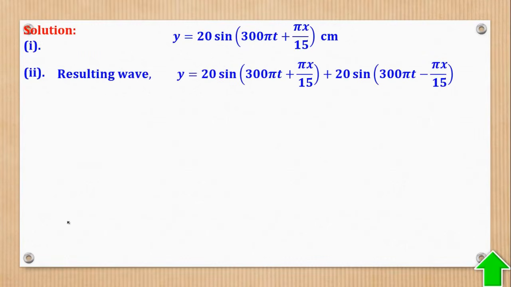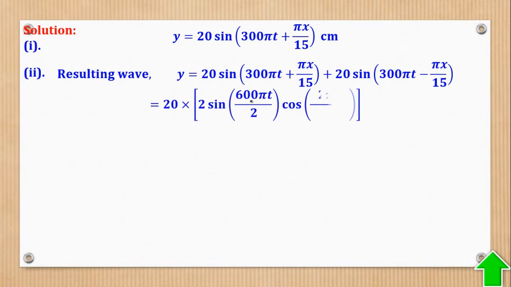And adding means you need the knowledge of factor formula to give you that. So this plus this gives you 600 pi t, then you divide by 2. Then this minus this gives you 2 pi x over 15 divided by 2 to give you this.